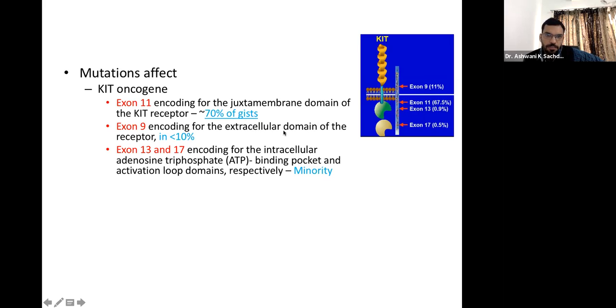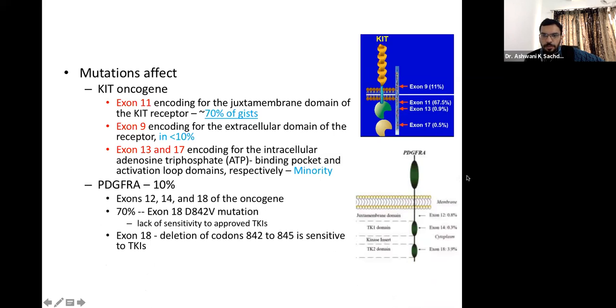Exon 9 mutation is in the extracellular domain of the KIT receptor, and it is present in about 10 to 11%. Exon 13 and 17 mutations occur in the intracellular ATP binding pocket of the KIT receptor. They are in less than 1% of the cases.